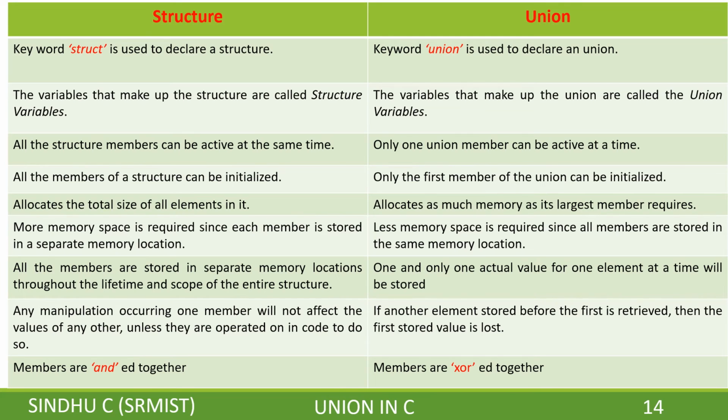In the case of a structure, any manipulation occurring with one member will not affect the values of any other unless they are operated on in code to do so. But in the case of union, if any other element stored before the first is retrieved, then the first stored value is lost. That is, the second value supersedes the first one.